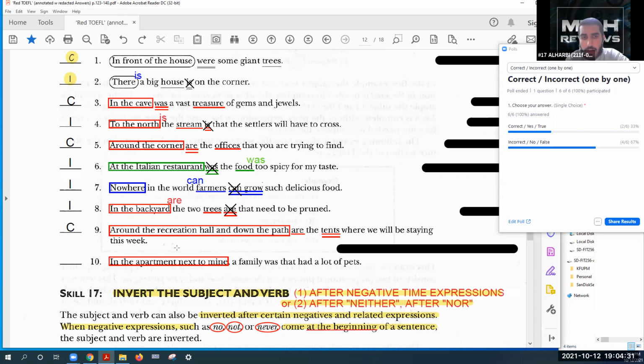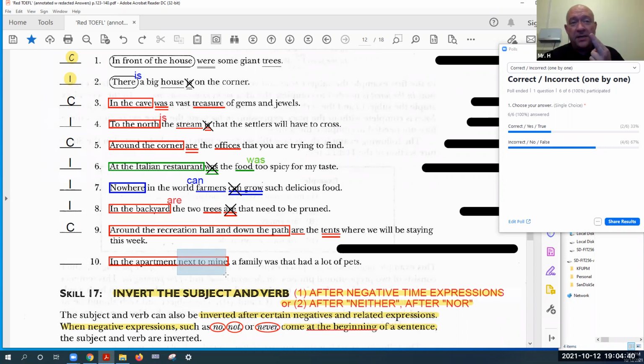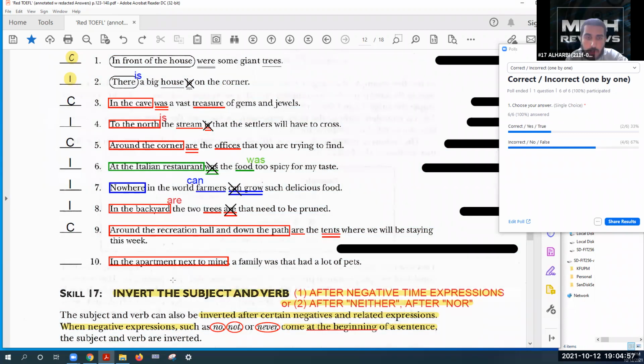Well, it's a 2-part prepositional phrase. Next to, we put them together, and so in this case, we have 2 prepositional phrases: in the apartment, and then next to mine, all right? And then, keep going. A family, the subject. Good. Was is the verb. Good.